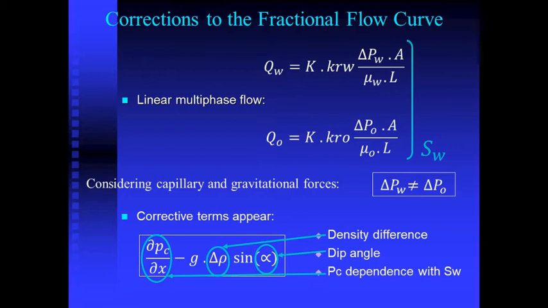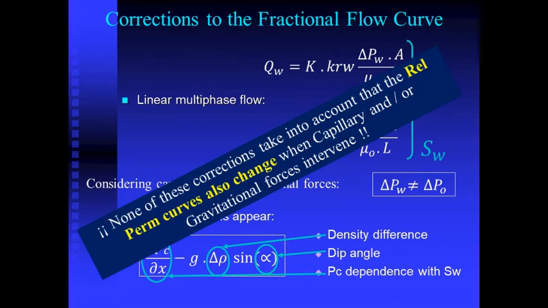However, these corrections do not take into account that, if we include the capillary and gravitational forces, the Rel Perm curves also change. That is, these corrections take into account the different pressure gradients for water and oil, but they assume that the Rel Perm curves are independent of the equilibrium between the pushing forces.